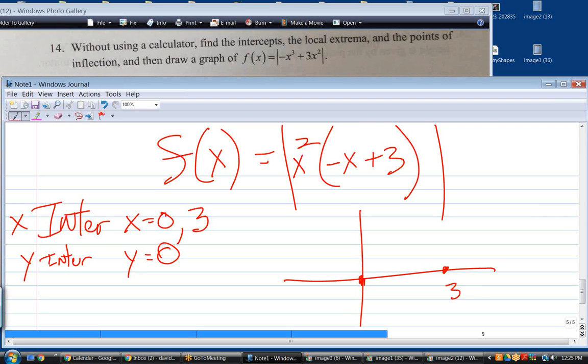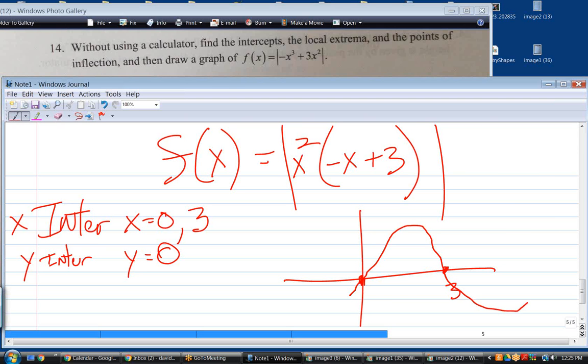Now, to the left, x squared is always positive. Minus x plus 3 is going to be negative whenever x is greater than 3. So this function would normally, if I took away the absolute value of it, something like that.